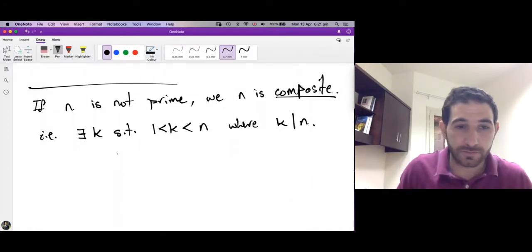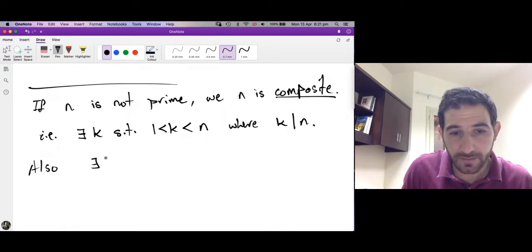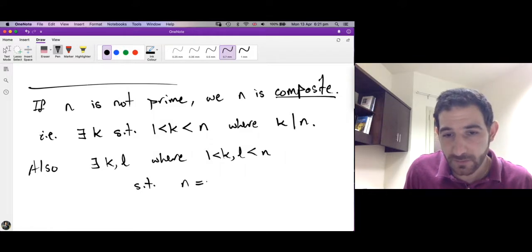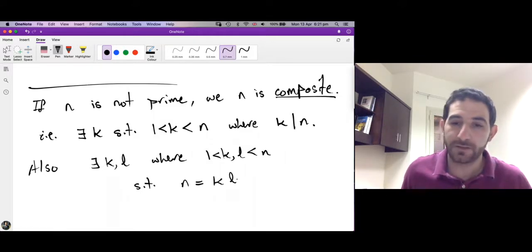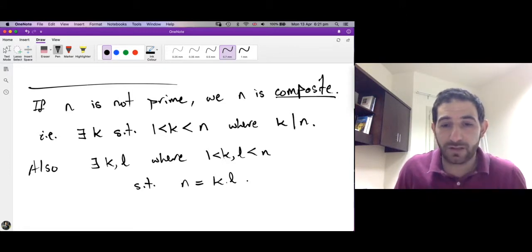So also we can say there are k and L where both k and L are strictly between 1 and n such that n is equal to k times L.